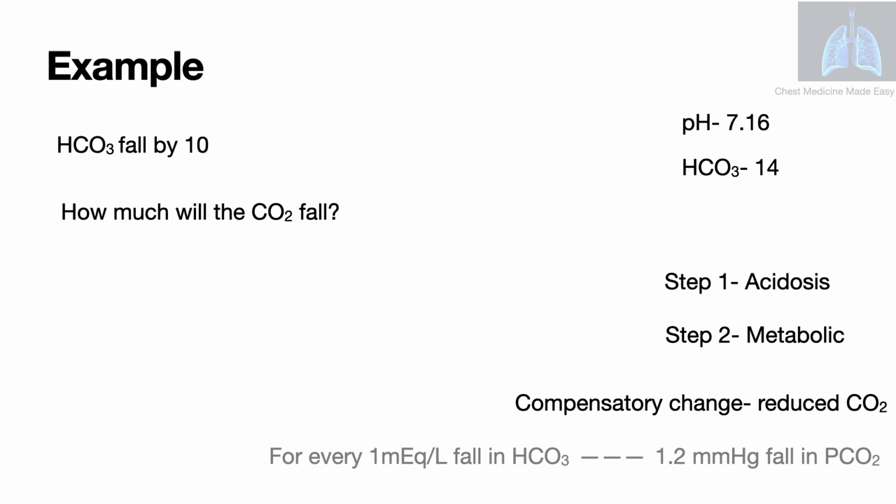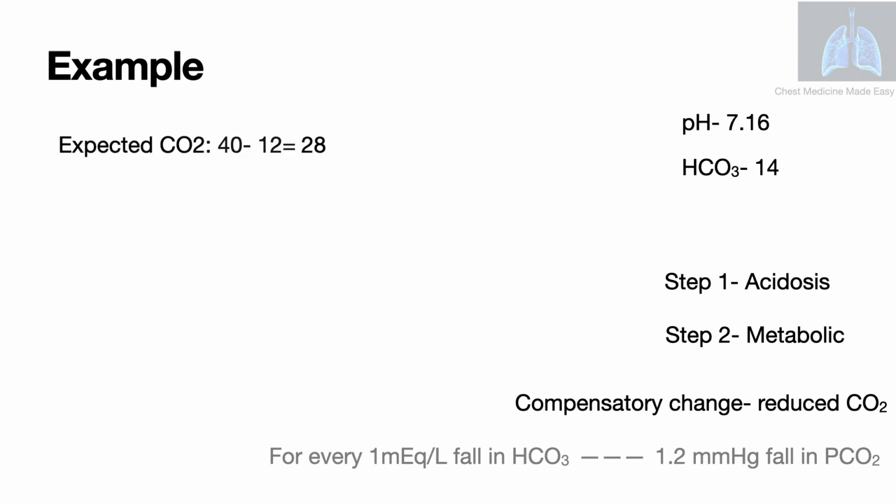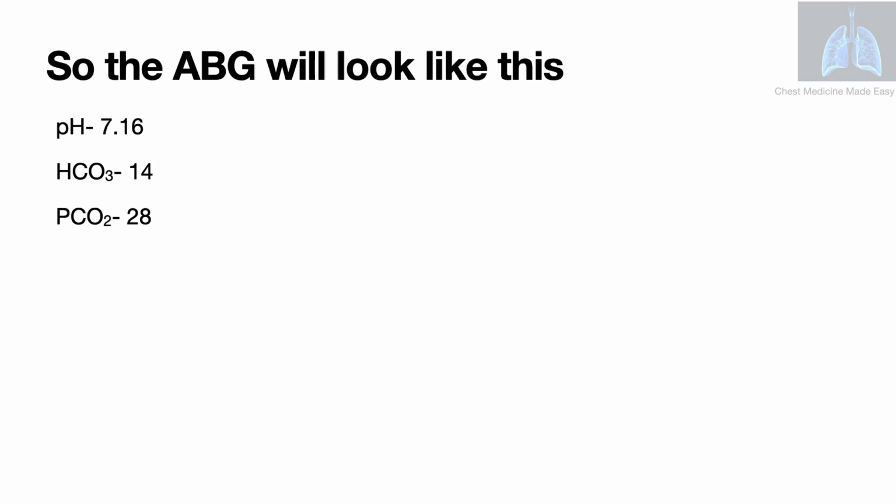That is 10 into 1.2, that is 12. So the expected PCO2 will be 40 minus 12, which is 28. So the ABG will look like this if there is the expected compensation. The pH will be 7.16, bicarbonate will be 14, and PCO2 will be 28.